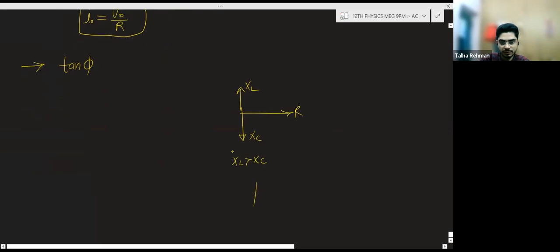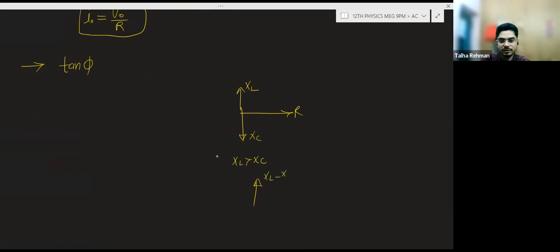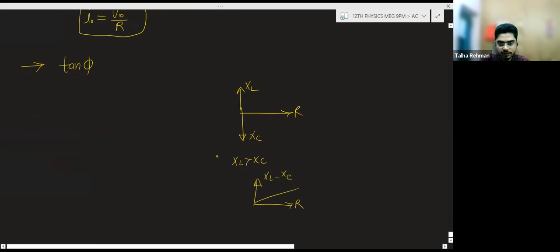This becomes like this: XL minus XC, and this is R, and resultant of this will be Z, and this will be phi. Phi is the phase difference.